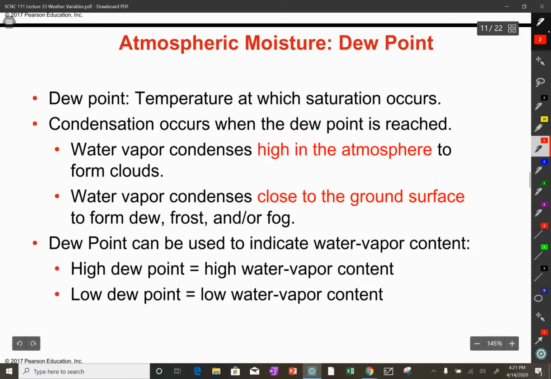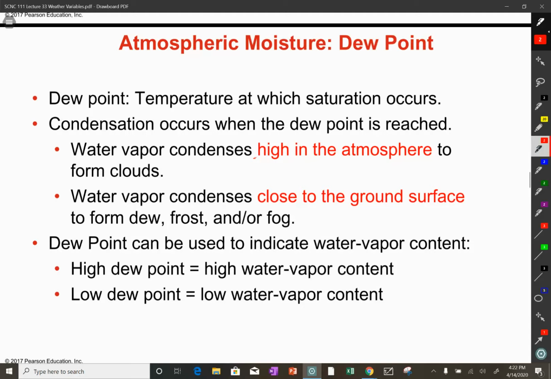Water vapor condenses in the high atmosphere to form clouds. It can also condense at the low atmosphere, or low elevations. So don't take this to say water vapor only condenses at high atmosphere. It also condenses at low elevations, but then we call it fog or dew, or if it's frozen, frost.